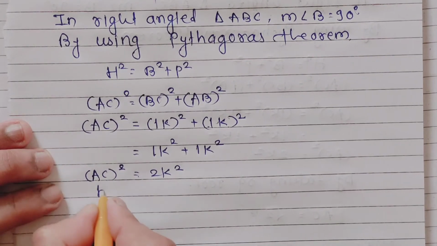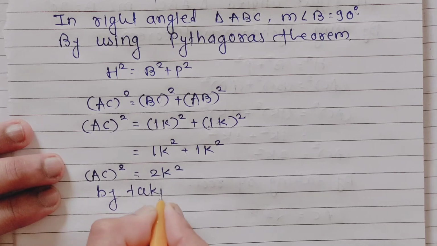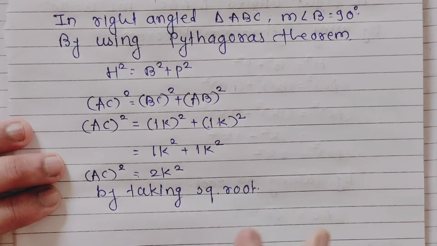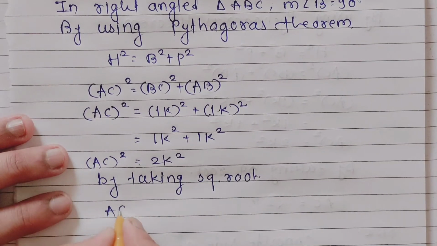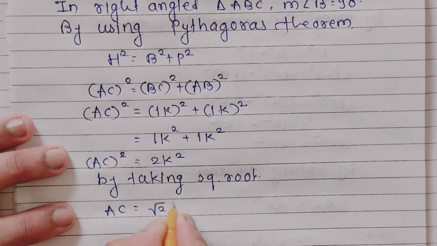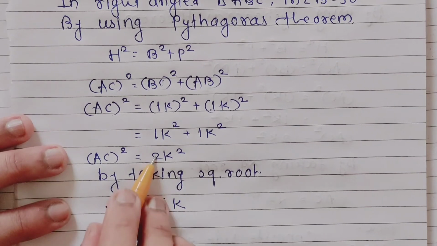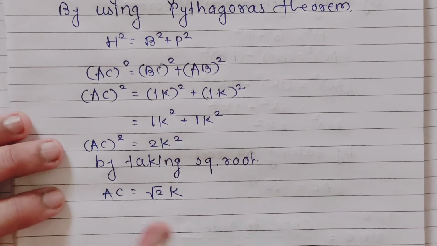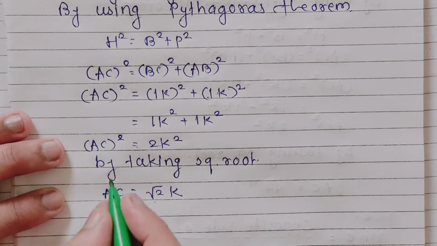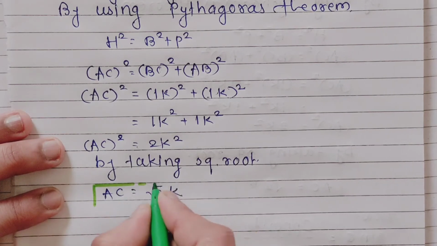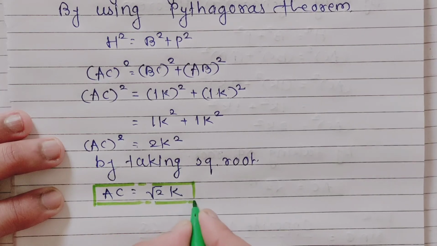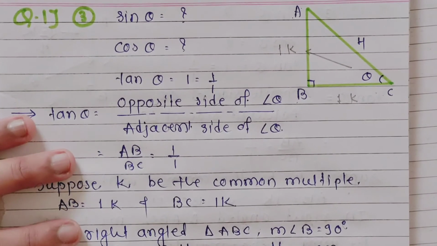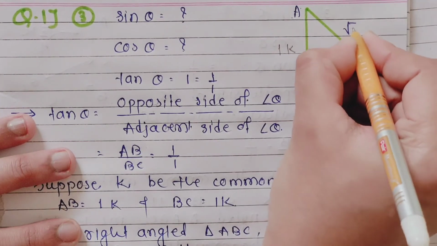So by taking square root from both sides, we can write AC is equal to root 2 into K. The square root of 2 is root 2, and the square root of K square is K. That means AC is equal to root 2 into K. So let us mention this value in the figure: AC is equal to root 2 into K.